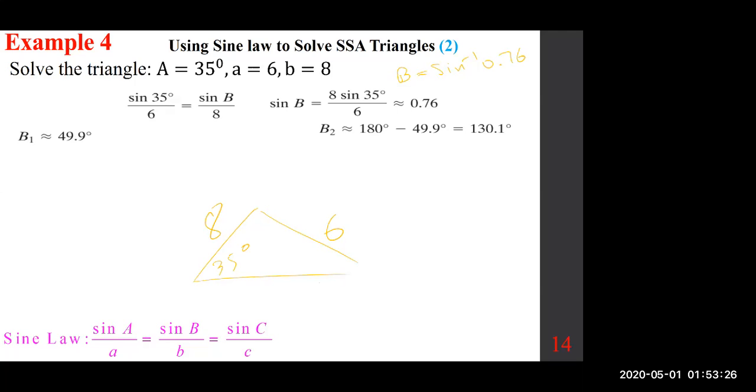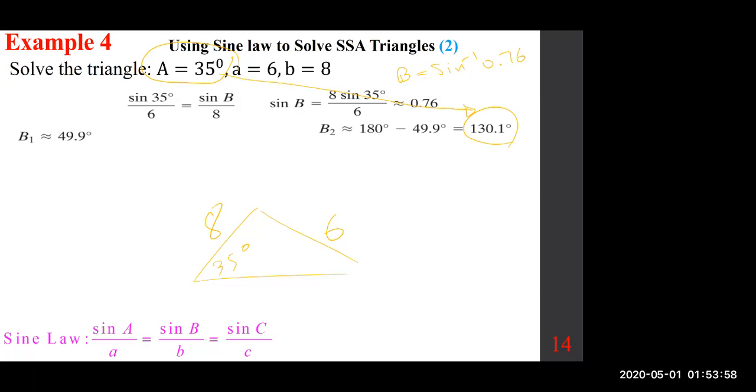We did exactly the same thing in the previous page. However, what happened in the previous page? This is what I want you to pay attention to. In the previous page, we had to add those two and observe, because one angle was given, right, class? So we knew one of them was 35 degrees. In the previous case, one of them was 40 degrees.